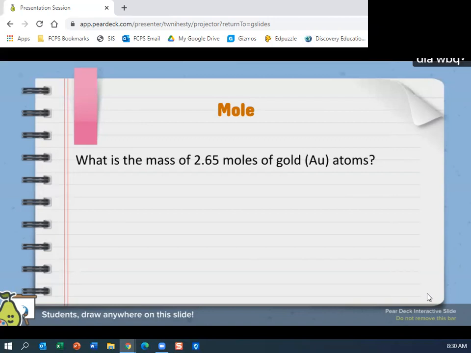Or else I'll probably have to take off half of the points or something. So remember, guys, look for what you're looking for. Remember, there's a unit right next to the number, which is the given.